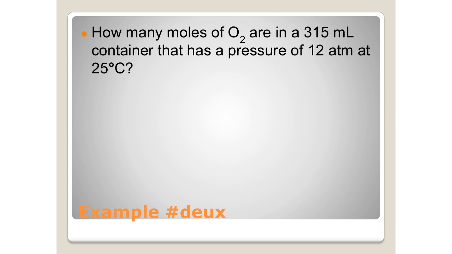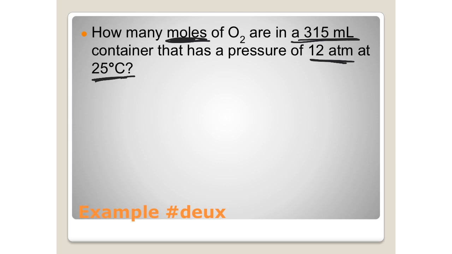How many moles of O2 are in a 315 milliliter container that has a pressure of 12 atmospheres at 25 degrees Celsius? So again, it's asking for moles, and it's giving me milliliters, atmospheres, and temperature.